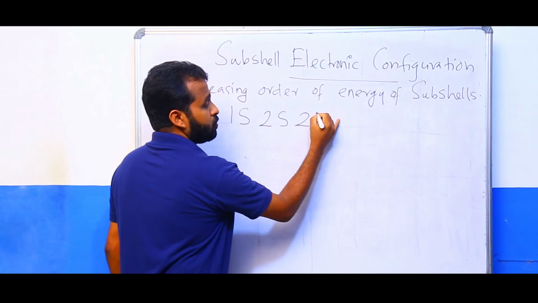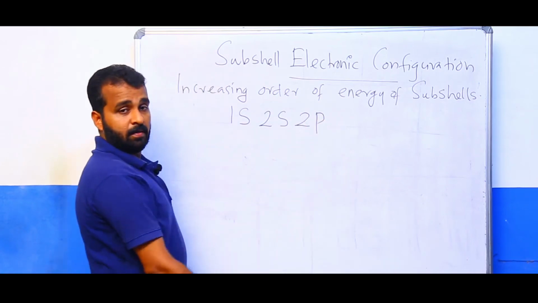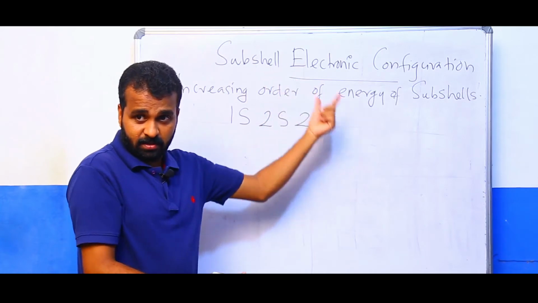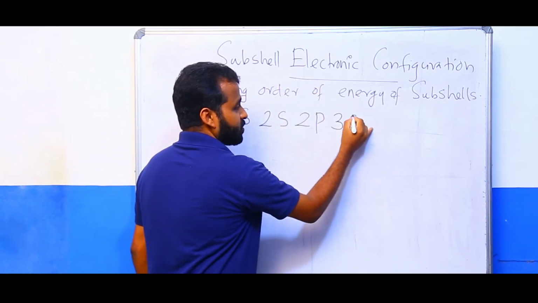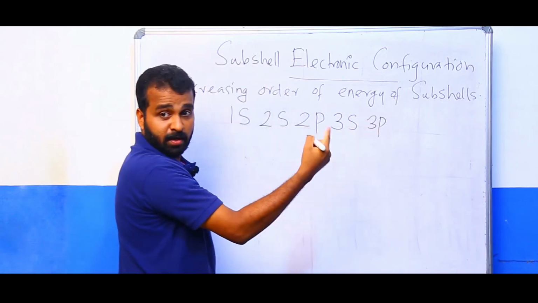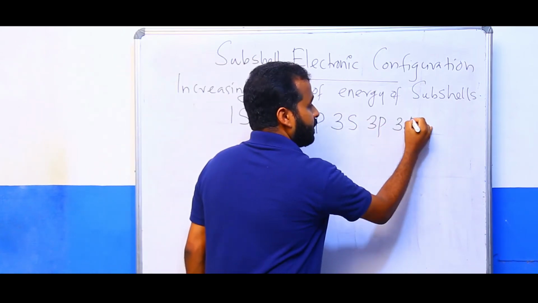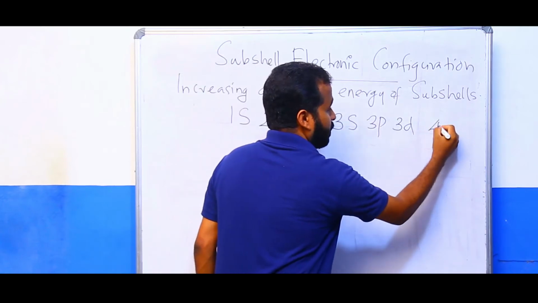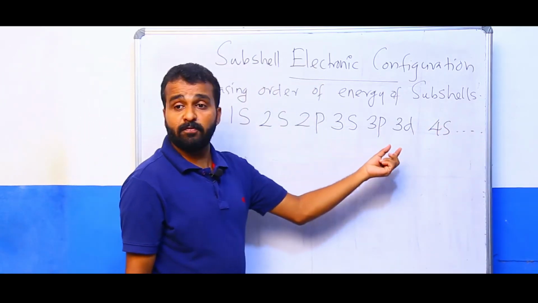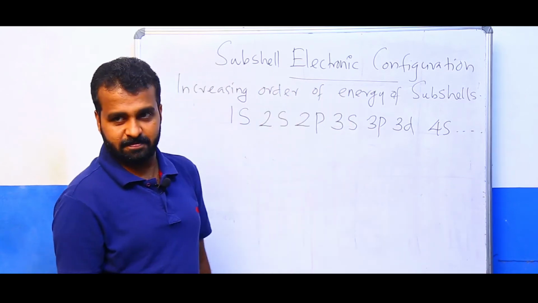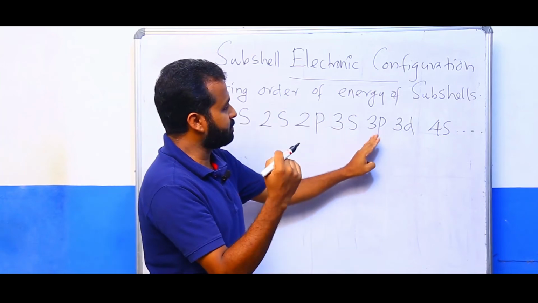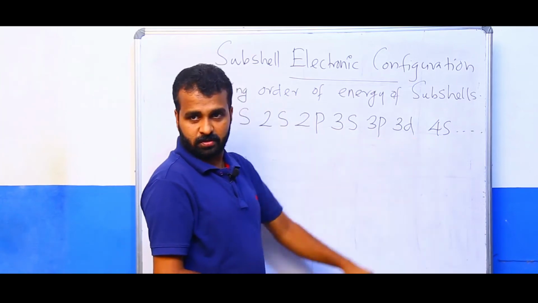Then 2P. Good. 1S, 2S, 2P. The next 3S. Next 3P. Next one 3D. Next 4S, like that. This is the increasing order of energy of various subshells: 1S, 2S, 2P, 3S, 3P, 3D, 4S.